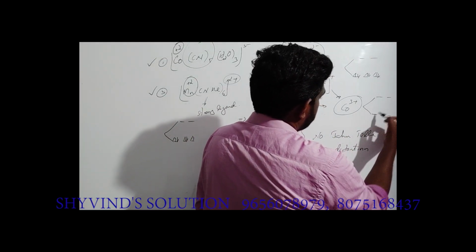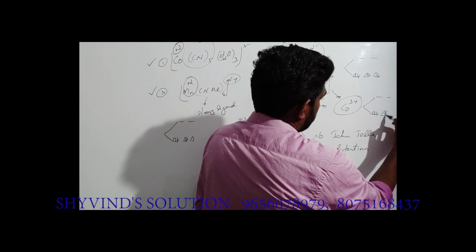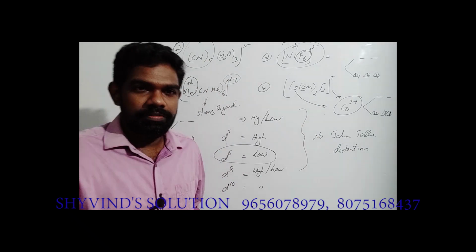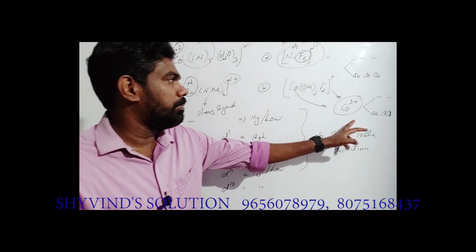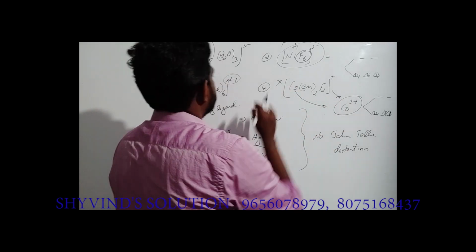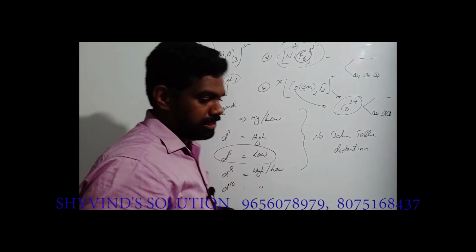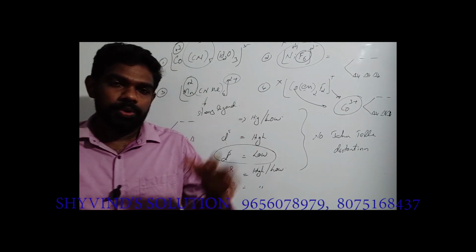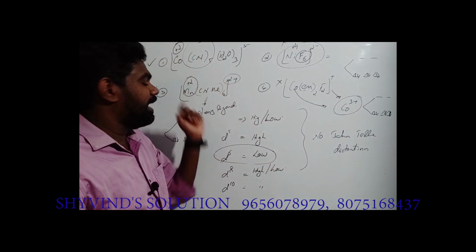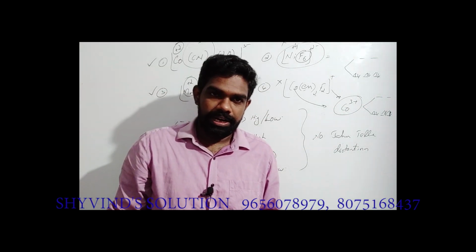This is also a low spin complex. It will not give you Jahn-Teller distortion, and these two are low spin complexes and will not give it. 1 and 3 will give you Jahn-Teller distortion. So option A and C will give you Jahn-Teller distortion.